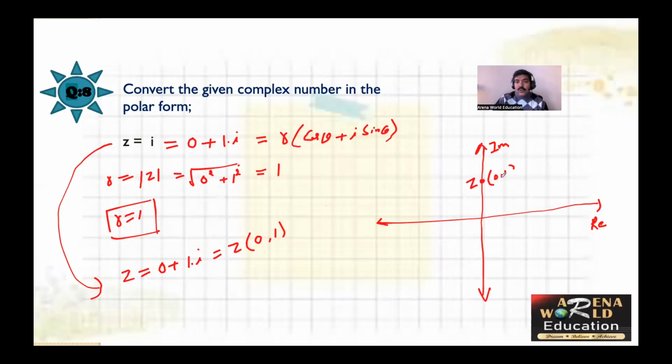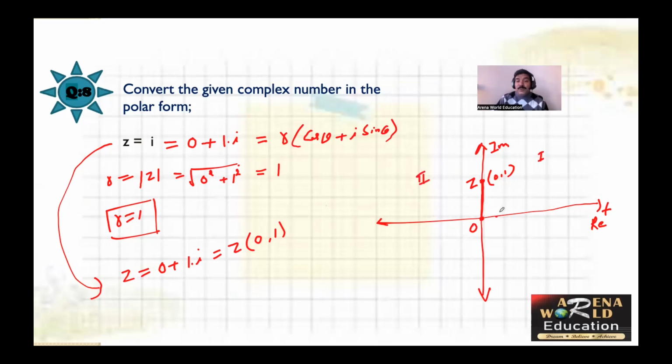It is 0, 1. And now what is the next step? Yes, we will join this Z with the origin. And we will make angle theta with the positive real axis. So here we are in between the first and second quadrant, right?